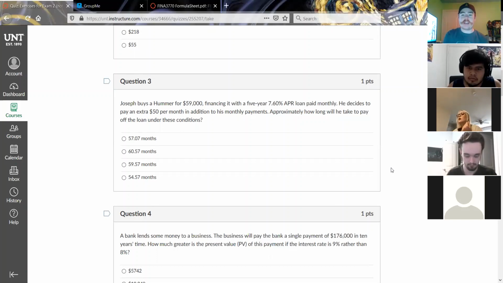You first need to find out what his monthly payments are normally, add $50 to that, and then find out what the new period is. This is going to be kind of similar to the last one. You're just using the formula and then changing it.